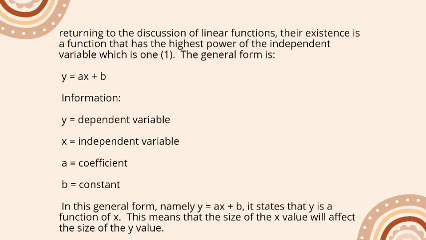Information: y is dependent variable, x is independent variable, a is coefficient, b is constant. The general form, namely y equal ax plus b, is stated that y is a function of x. This means that the size of the x value will affect the size of the y value.